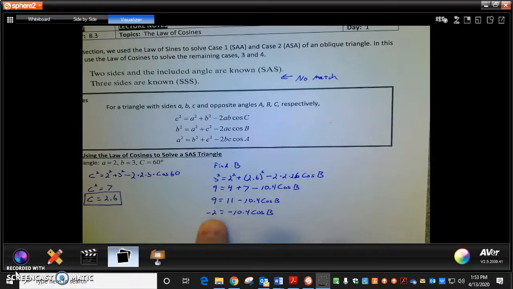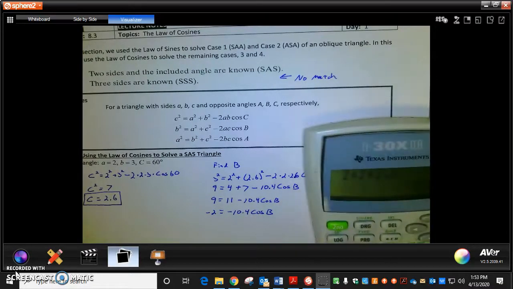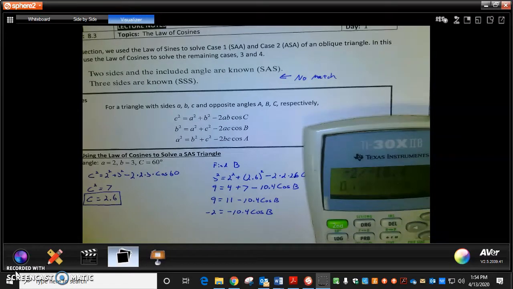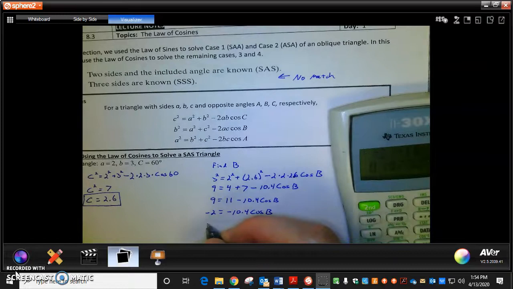This is multiplying, so I'm going to get rid of it by dividing. So, clear, negative 2 divided by, make sure you're using your negative button, not your subtraction button. Negative 10.4 is, now, I'm going to write down 0.1923. I'm going to write a bunch of decimals here.